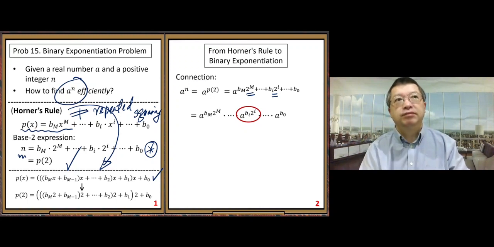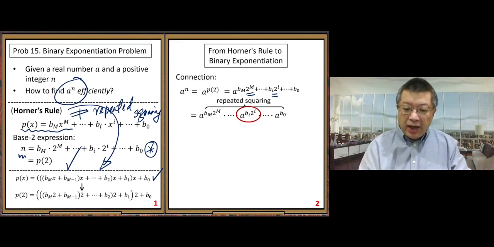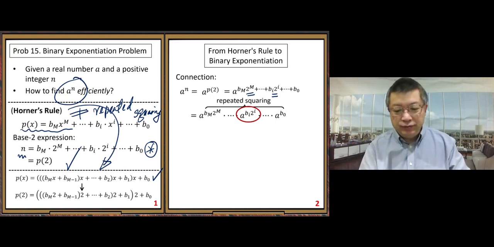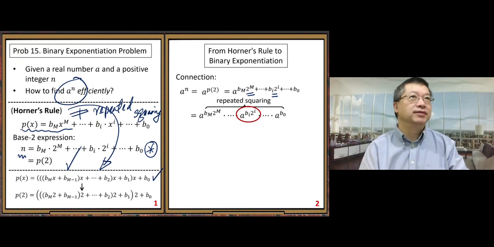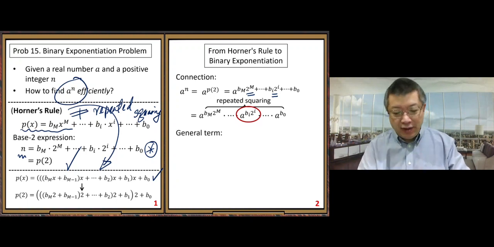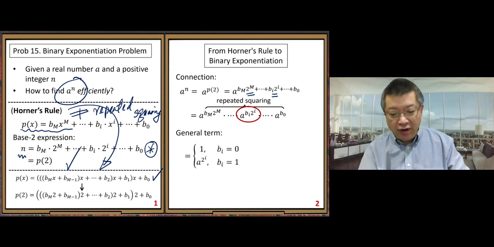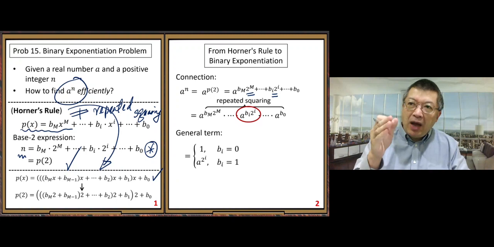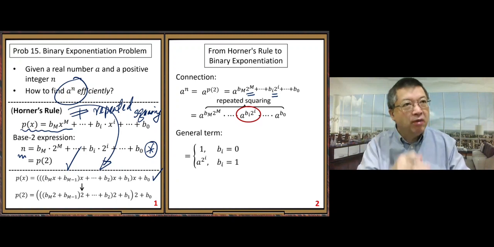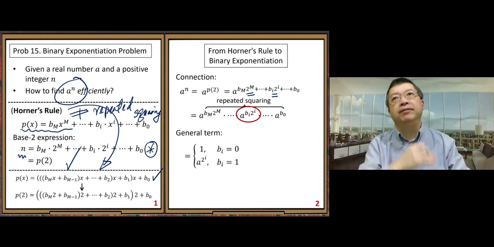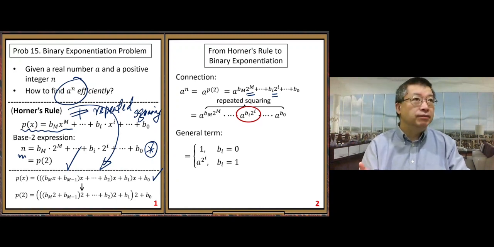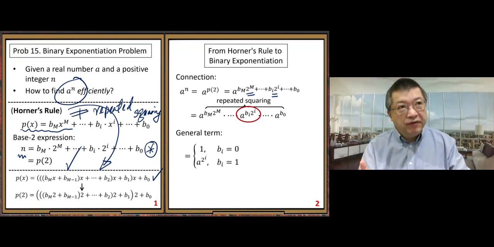With this structure, we can definitely apply repeated squaring. Let me look at this general term. We know b sub i can only take two possible values, 0 and 1. Binary, the bit value is only 0 and 1, right?